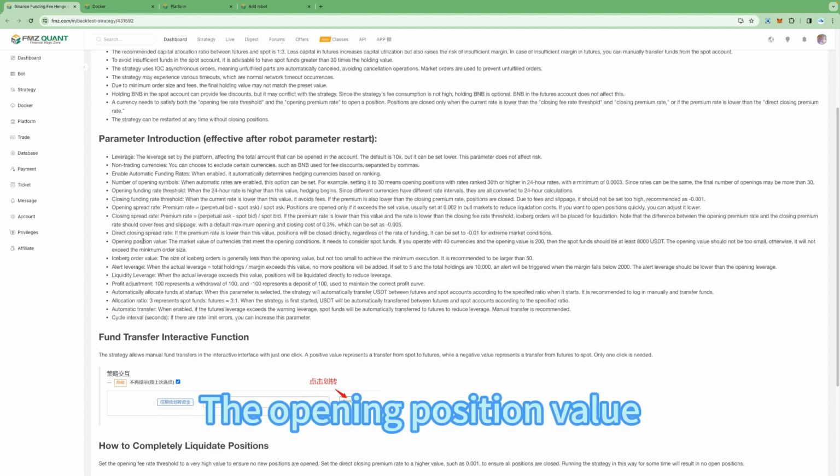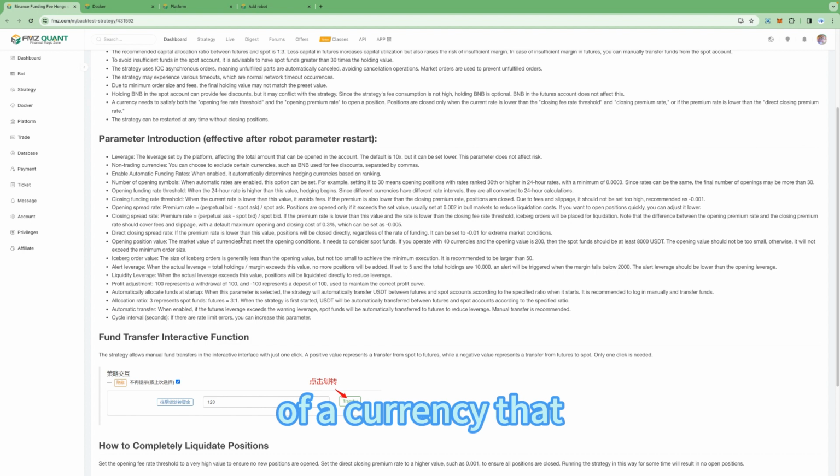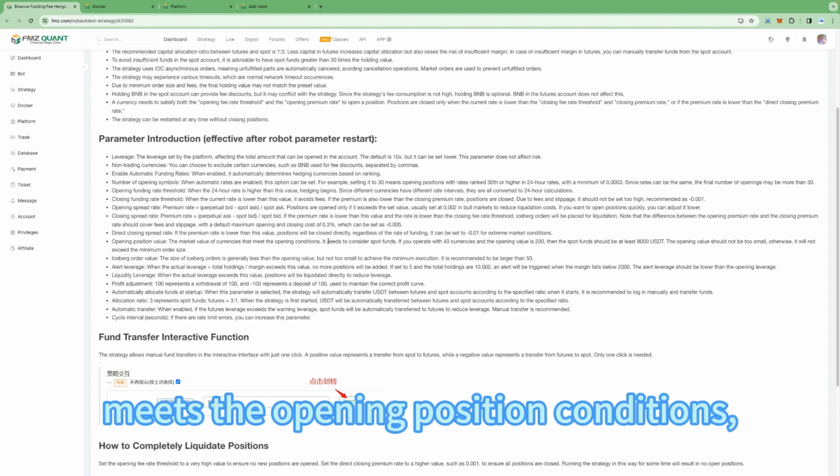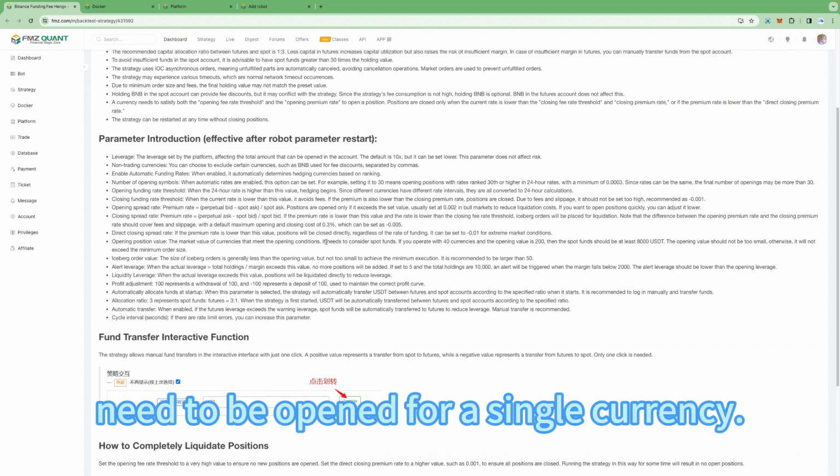The opening position value is used to set the market value of a currency that meets the opening position conditions. That is, how many positions and values need to be opened for a single currency.